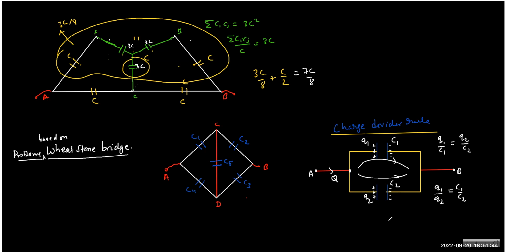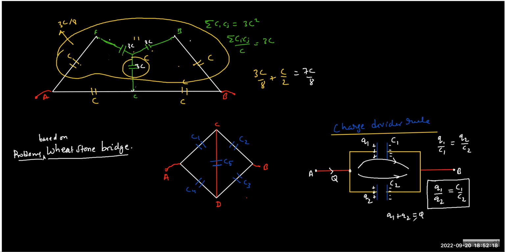And that is why the sum of the charge we know is Q. And what matters for the division is that the ratio decides the division, not the actual value. So we can tell the charge on each capacitor only if we know the ratio. The exact value of capacitance is immaterial. So if I know the ratio C1 to C2 is 1 by 2, the charge will divide in 1 by 2, no matter how much is C1, how much C2, it really doesn't matter.